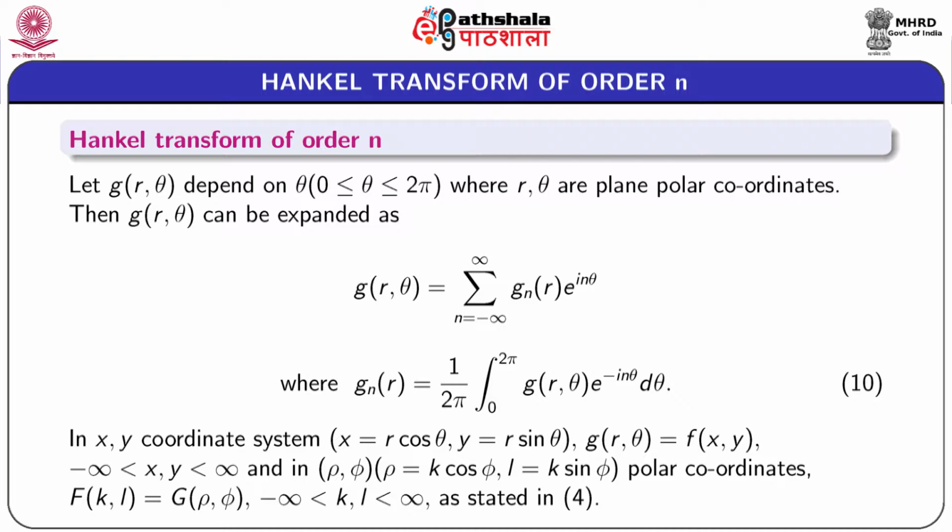Now, in xy coordinate system, where x equal to r cos theta and y equal to r sin theta, g r theta is small f x y, where x y lies in the interval from minus infinity to plus infinity, and in rho phi coordinate system, where rho is k cos phi and L equal to k sin phi polar coordinates, capital F k L is equal to capital G rho phi, where k and L both lie in the interval minus infinity to plus infinity as stated in equation 4.